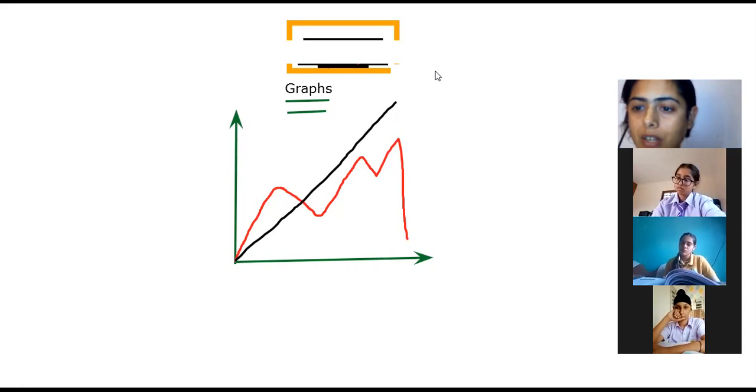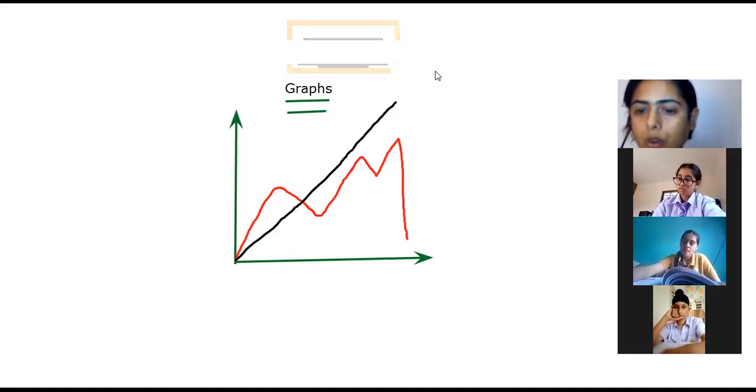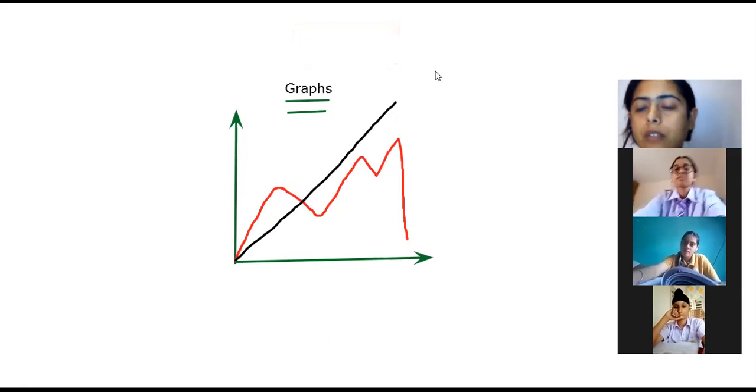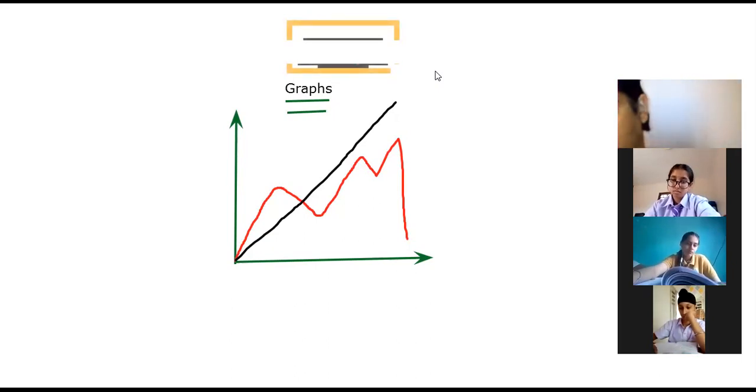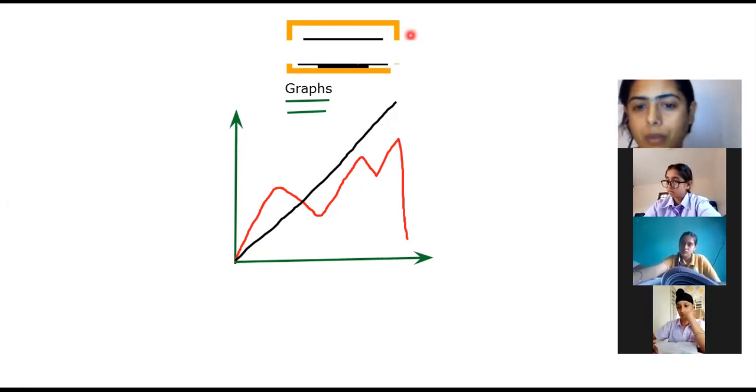Not exact values, but you will get a rough idea of what they're talking of. Yes or no? So the graph is going to give you a convenient way, an easy method to understand the situation rather than actually going with the numbers. Here also we go with the numbers, but still it is the more convenient one.